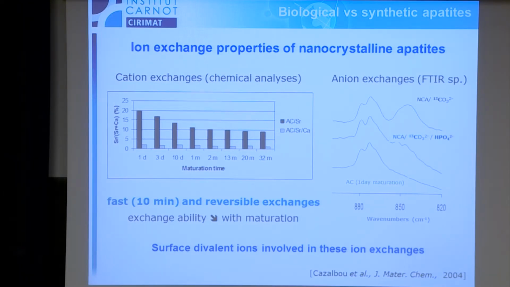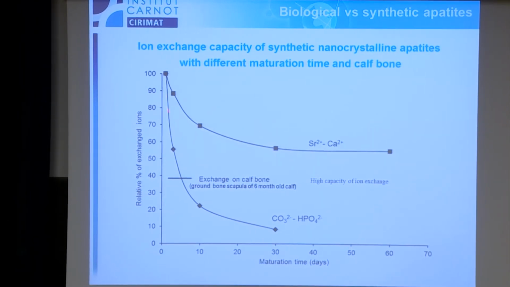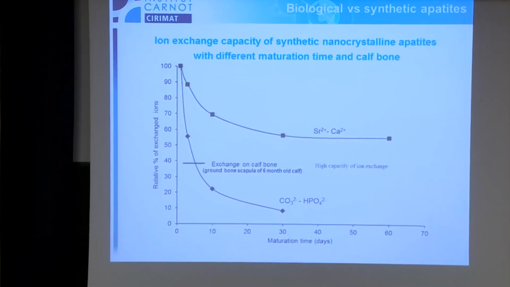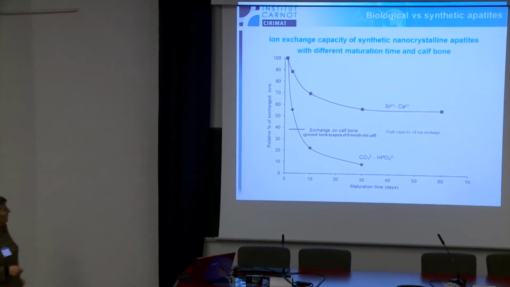So this is a very interesting ability of nanocrystalline apatite, which is involved in fast and reversible exchange properties. Here you have the relative percent of exchanged ions with maturation time of nanocrystalline apatite: the curve for strontium and calcium, and the curve for carbonate HPO4 exchange.